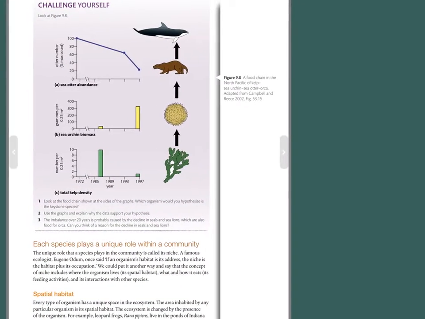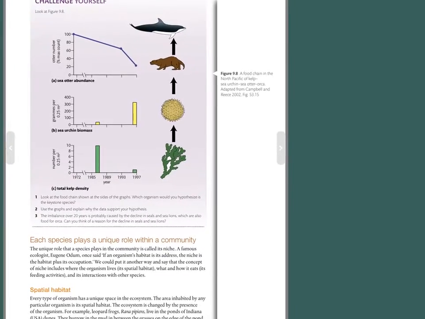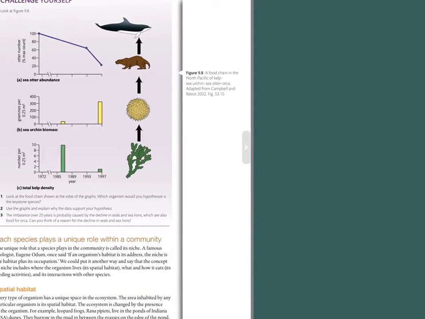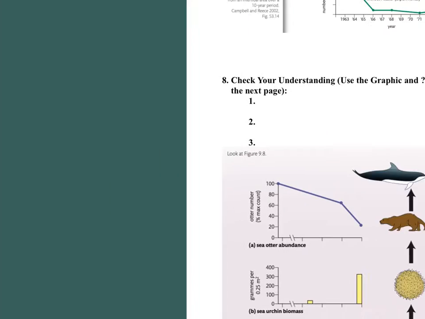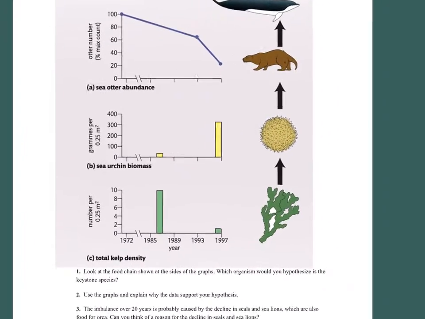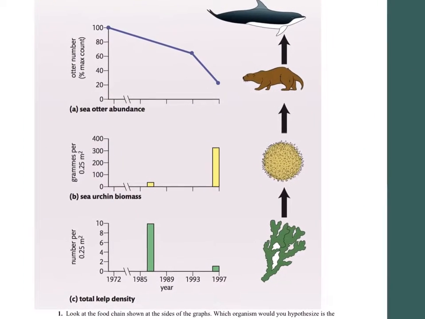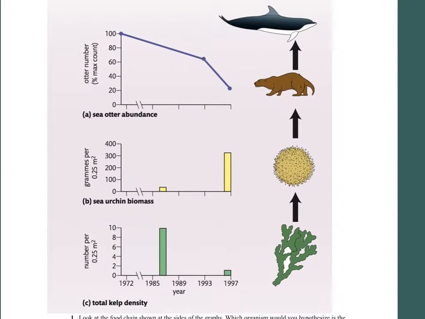So if you think about it, let's look at the relationship between otters, sea urchins, and kelp. So let's make sure we know which one is which.